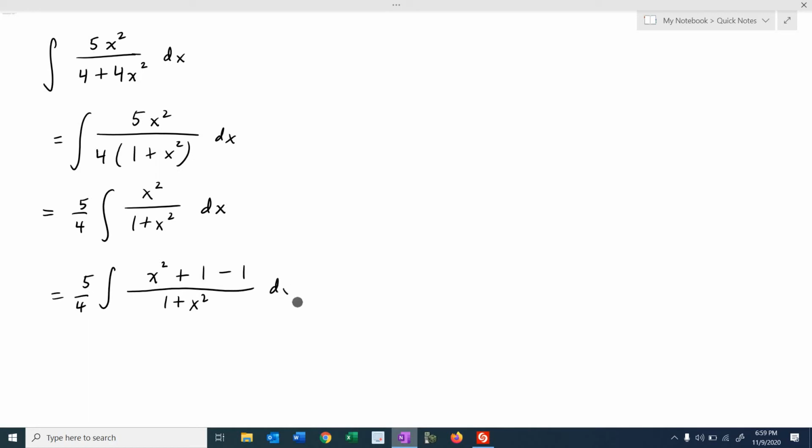Okay, but then why am I doing that? Well, the reason I'm doing that is because then I can break this up into 2 pieces. You have x squared plus 1 over x squared plus 1. By the way, you can write this in any order, right? 1 plus x squared or x squared plus 1 minus 1 over x squared plus 1.